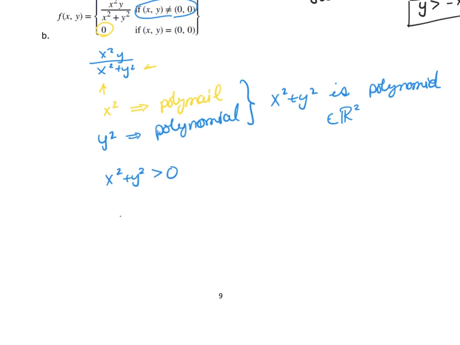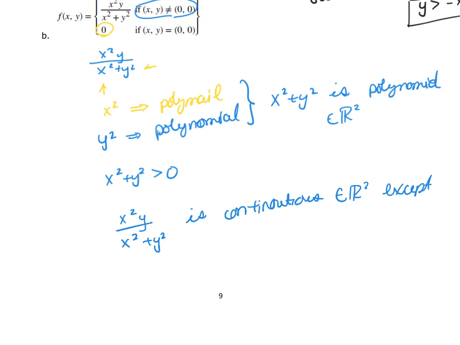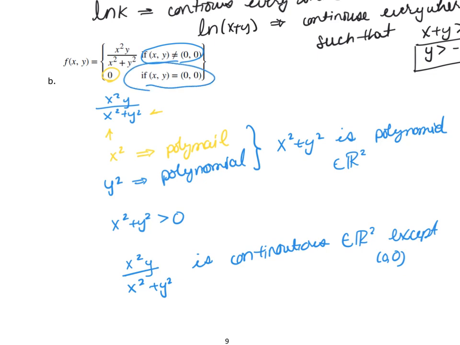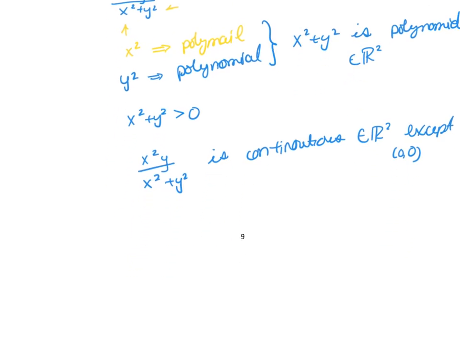So x squared y over x squared plus y squared is going to be continuous everywhere in R2 except at 0, 0. But we have a piecewise that says if I am at 0, 0, I get 0.